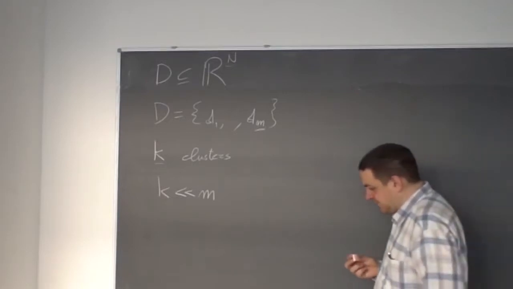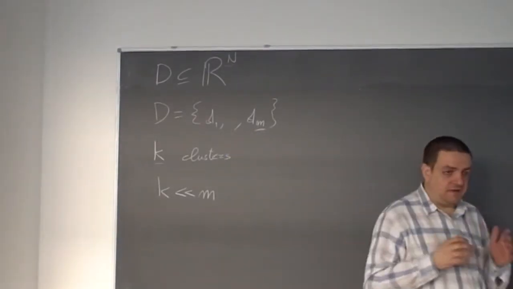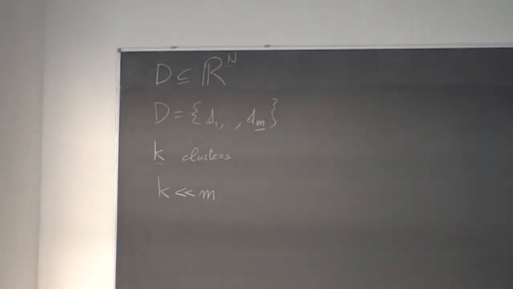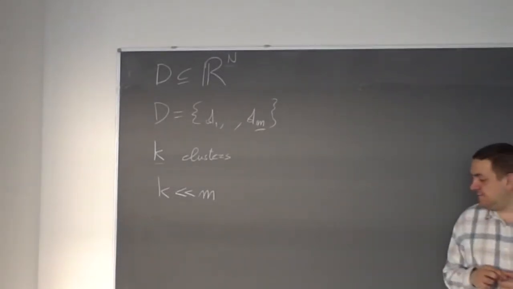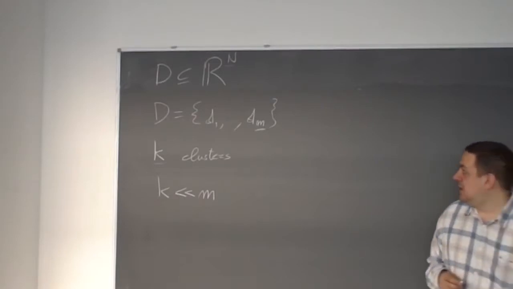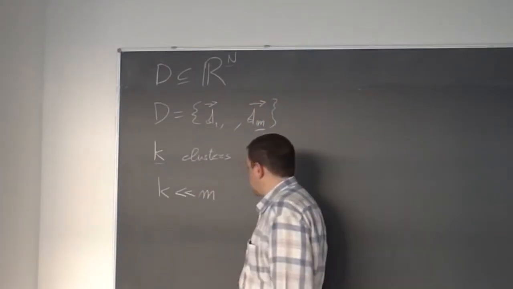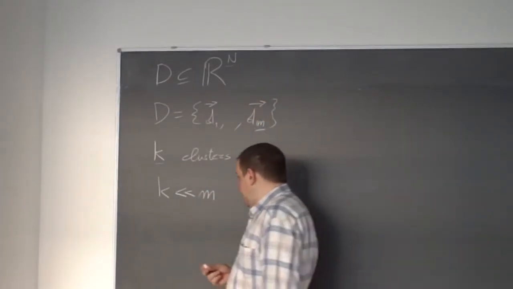Now, the idea here is that every cluster is represented by its own coordinates. Of course, d1 to dm are vectors.